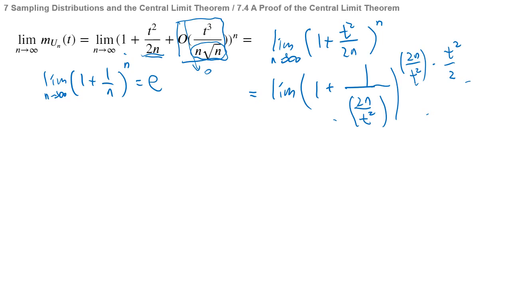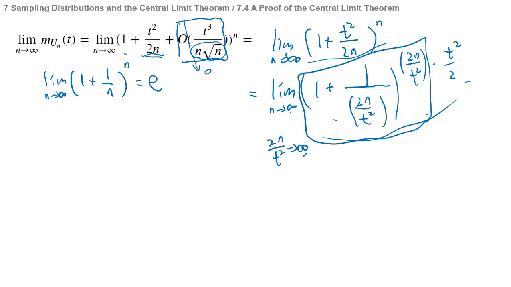So we can represent this term as this, and n goes to infinity. As n goes to infinity, that means 2n divided by t squared goes to infinity. So the term here converges to e. So this becomes e to the t squared divided by 2.